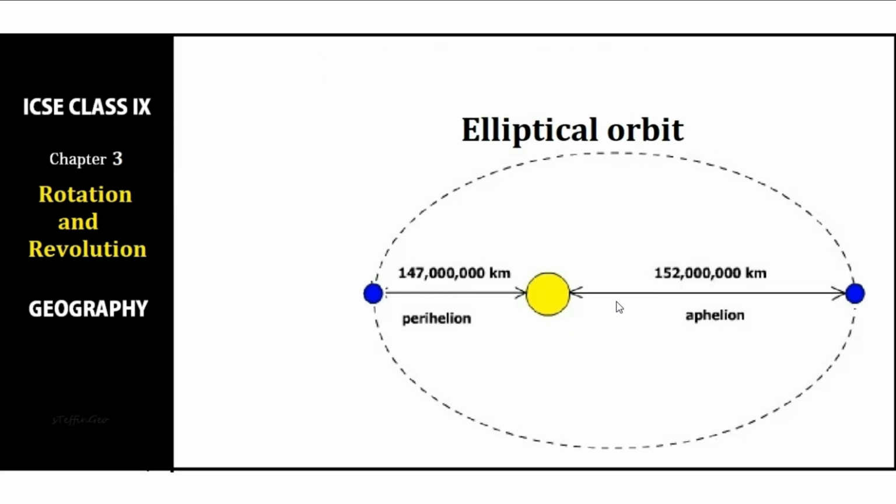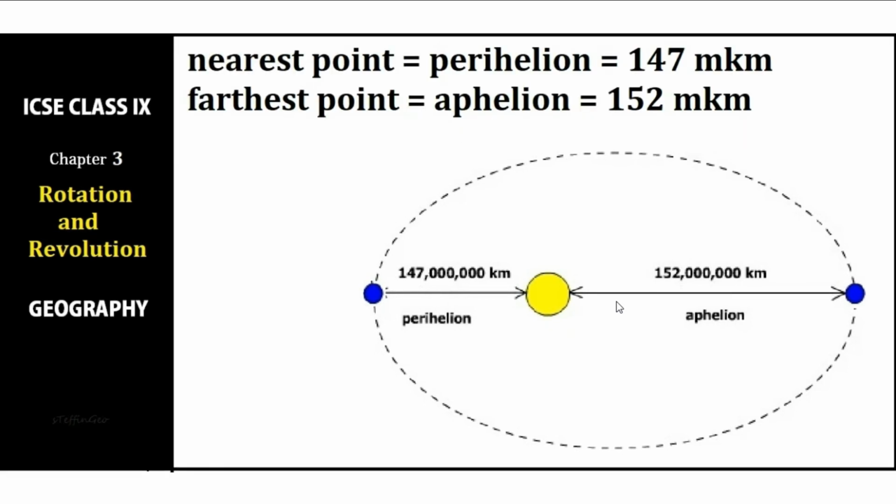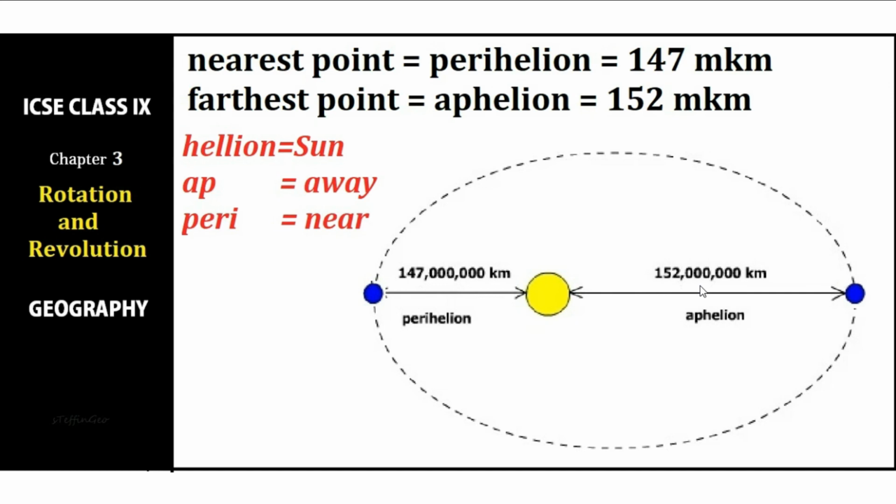Now here, when the Earth is nearest to the Sun, that position is called perihelion. That is at present 147 million kilometers. And the farthest point from Sun to Earth is called aphelion. In Latin, helion means sun, ap means away, peri means near. Now it is easy to understand.